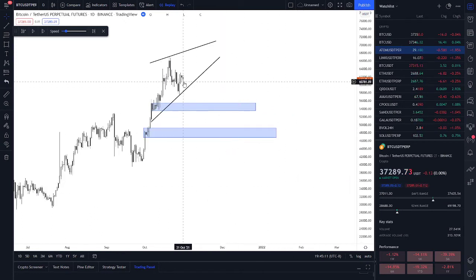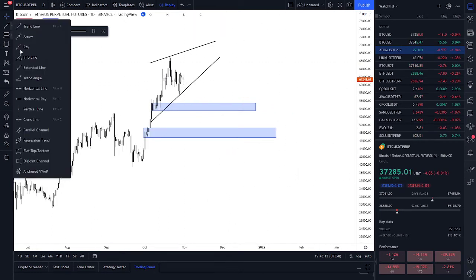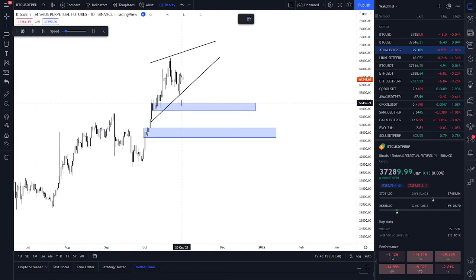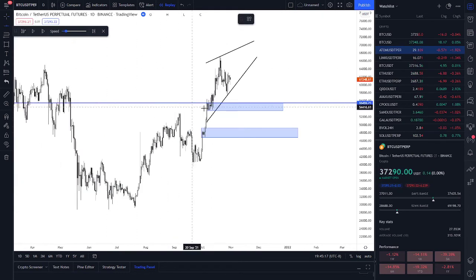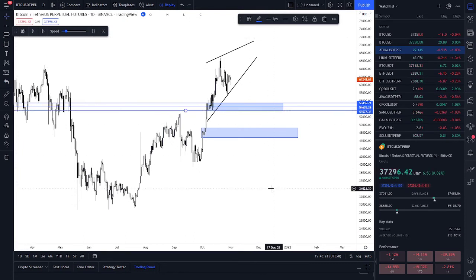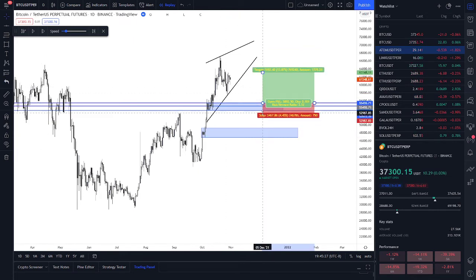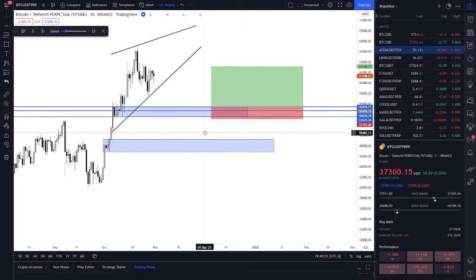So let's say we're here, right? We're going to set bids. Let's say like that, right? Stop loss be below that wick. Entry top of the zone.